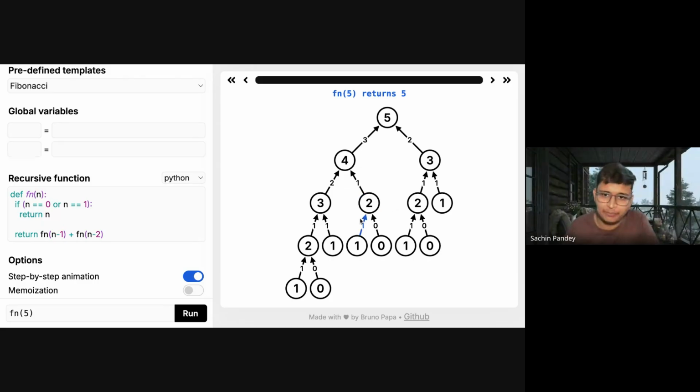So what do we do in dynamic programming? A basic idea I'm giving you: if you have calculated 2, store it in some sort of memory. It can be a data structure, a map, an array, a matrix, a hash table, whatever. Store whatever calculations you have done for 2 over there.